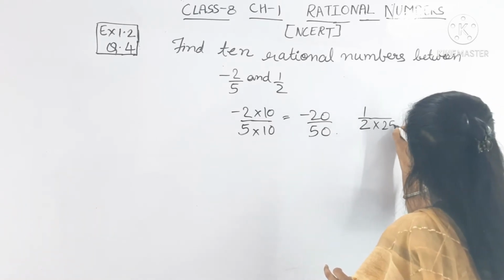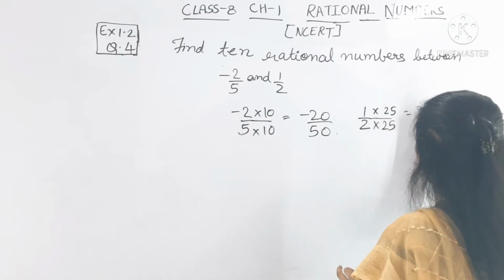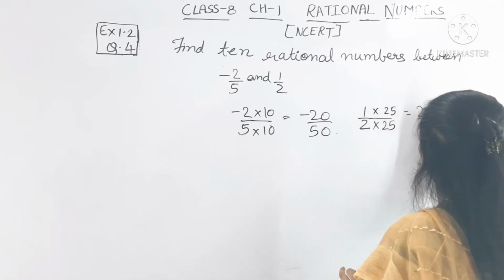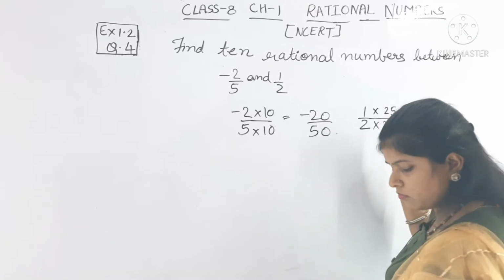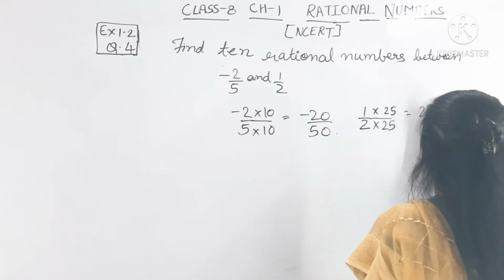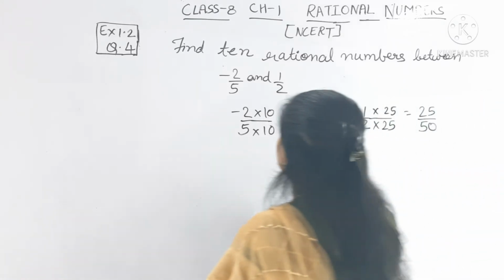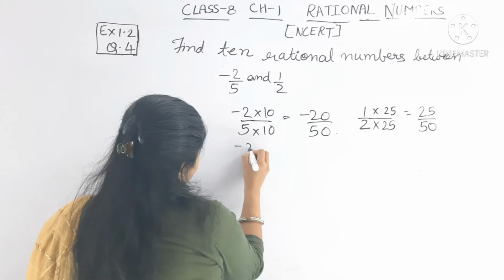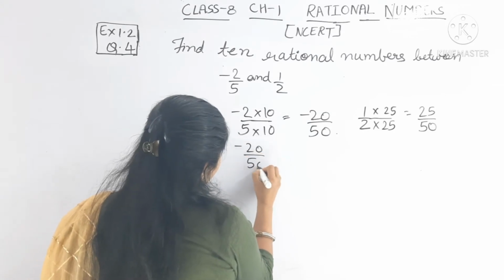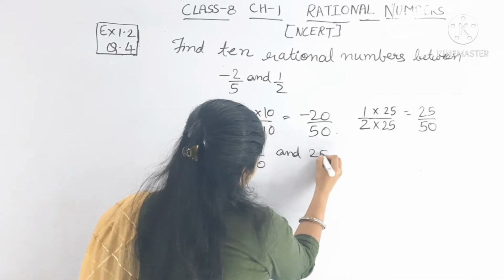So 2 into 25 and 1 into 25, that is 25 by 50. So we have to find between minus 20 by 50 and 25 by 50.